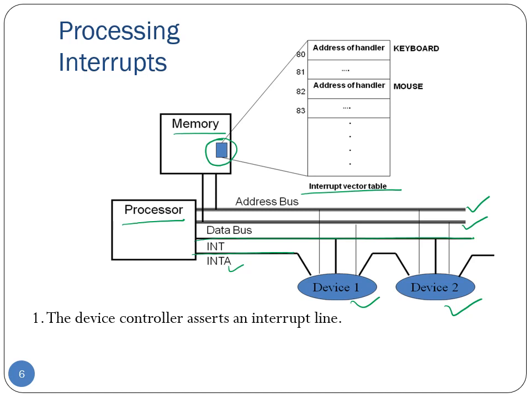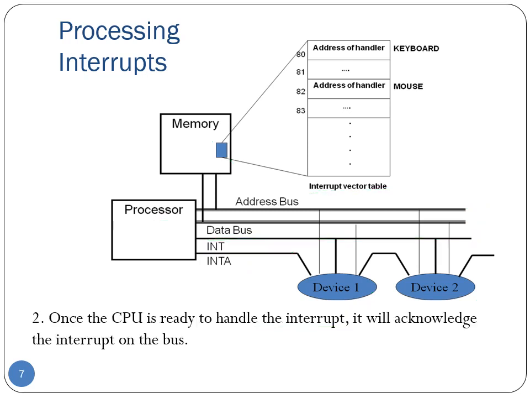As a first step, let's assume that a certain IO device needs to interrupt the processor. So it will assert a signal on the interrupt line, which is basically this line over here, to interrupt the CPU. Once the CPU has received the interrupt and it is ready to serve the interrupt, it will acknowledge the interrupt on this interrupt acknowledgement line, this line.